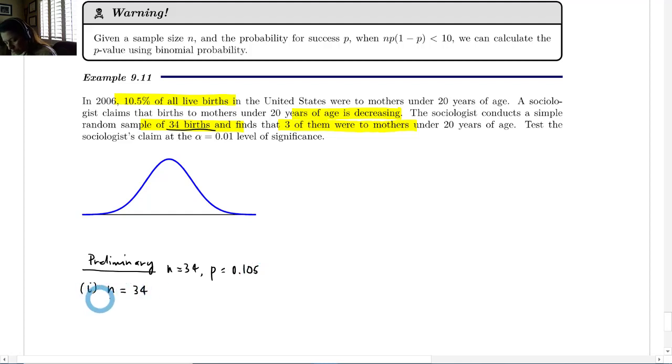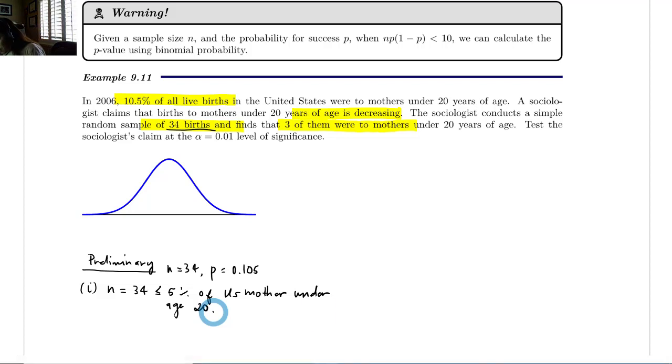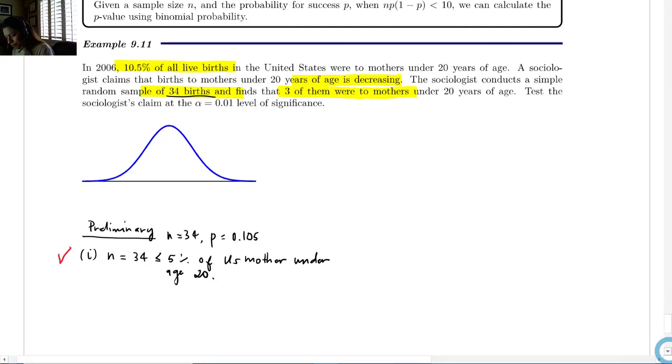The first preliminary is whether the sample size is no more than 5% of all U.S. mothers under the age of 20. Yeah, because there's a lot more than 34 people having kids under the age of 20, right? So definitely that is met, so we can assume that samples are independent.